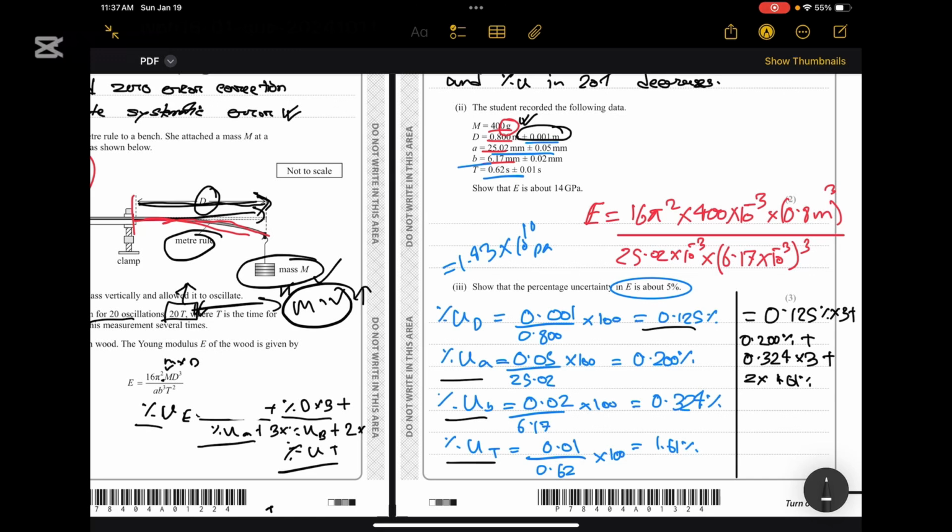By adding all of them, the overall value will come as 4.77%, which is the percentage uncertainty of the whole E.